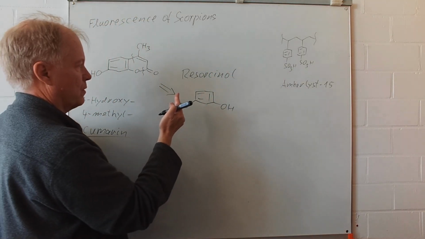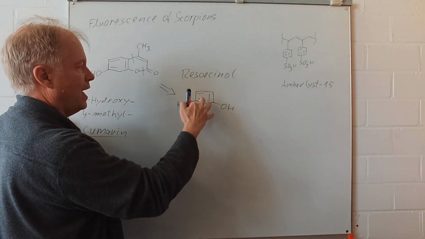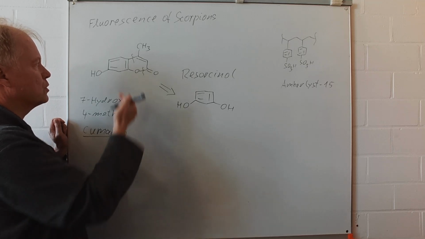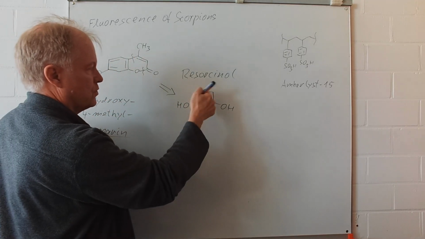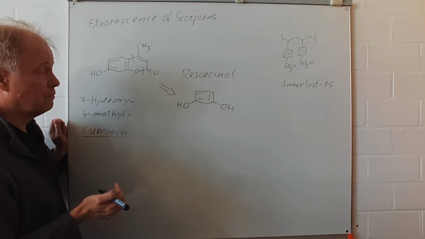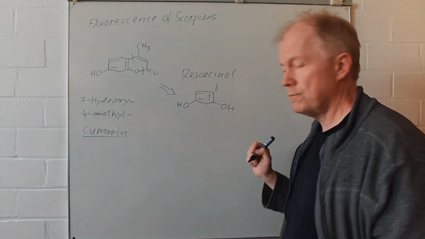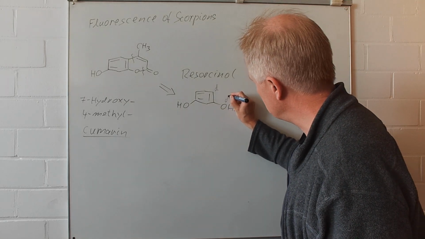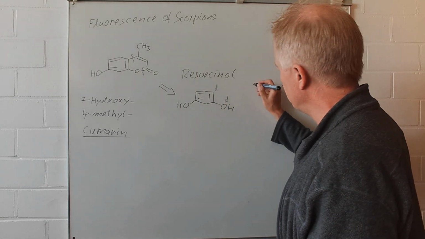So, with what kind of synthon do we have to connect this molecule to get to this structure? Well, this is resorcinol, certainly very electron-rich. So we have donor reactivity here, and we have donor reactivity also at that oxygen.